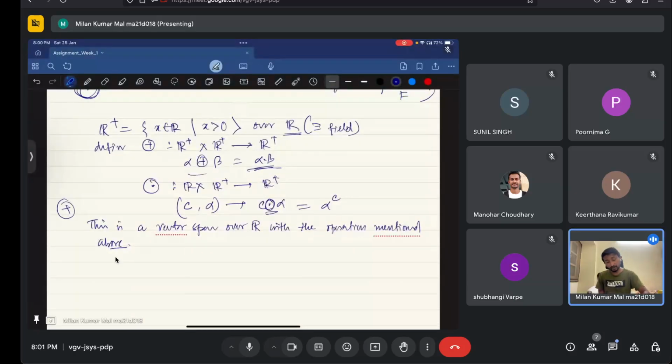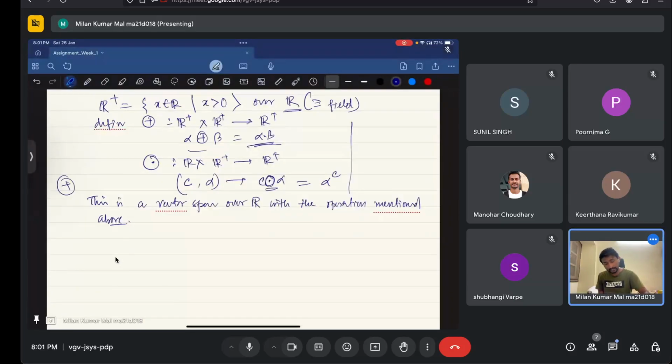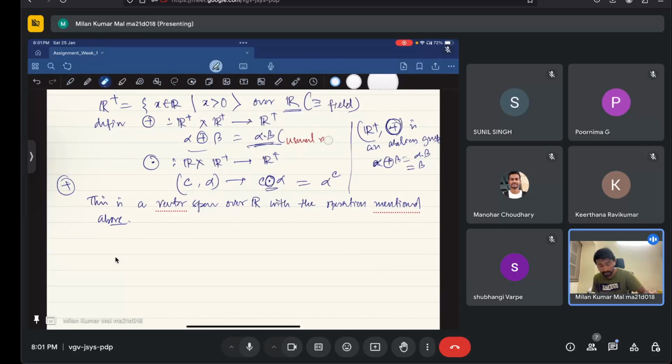Just to check, I'll give the two operations only. The scalar and the distribution property always create problems. So first check that the real numbers with this addition operation are an abelian group, and that is clear because alpha plus beta equals alpha dot beta, and we know this is the usual real multiplication.